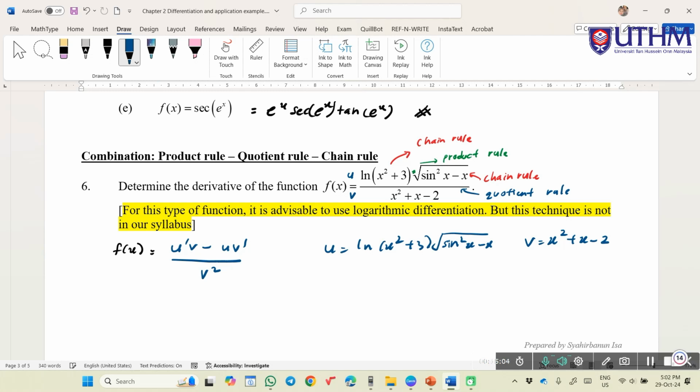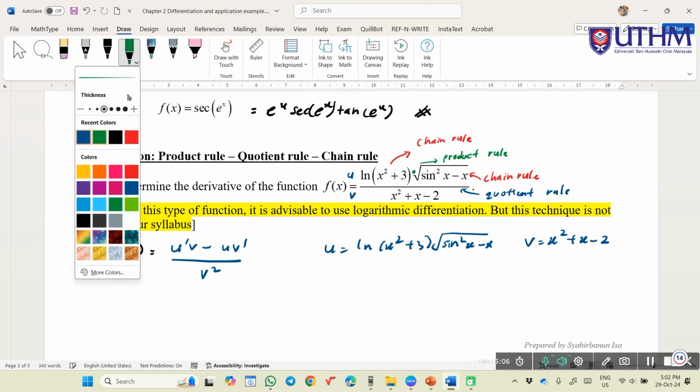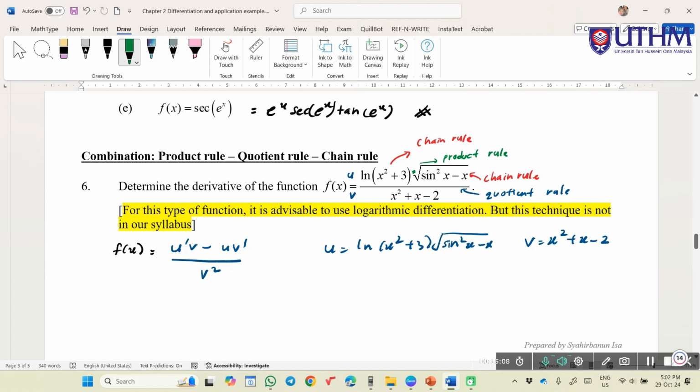However, to differentiate u, to find the u prime, we need the product rule. So u prime equals u prime v plus u v prime.